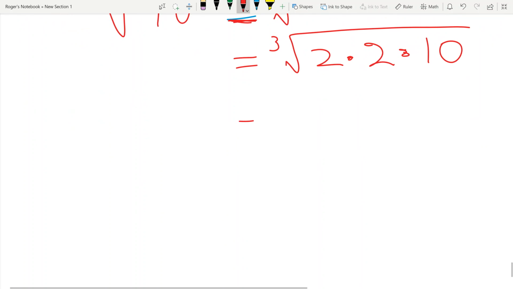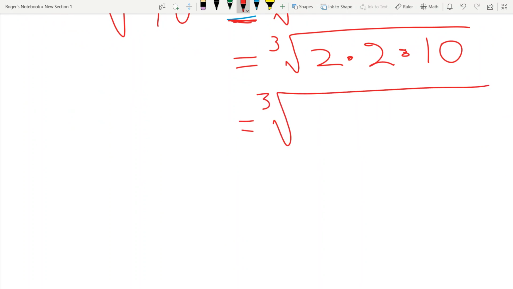And that, in turn, is equal to the cube root of 2 times 2 times 2 times 5. You see 3 factors there? 3 factors. Those 3 factors are a combination that has a cube root of 2.